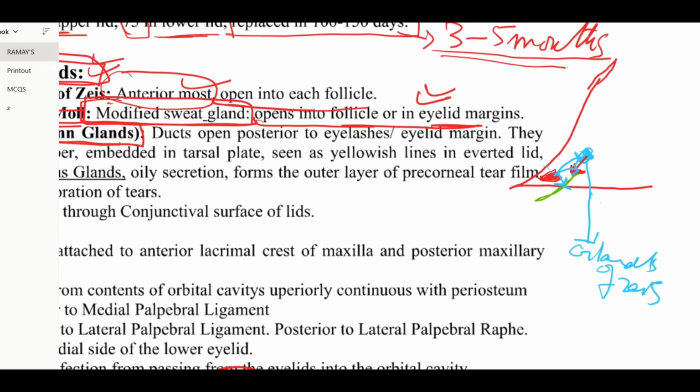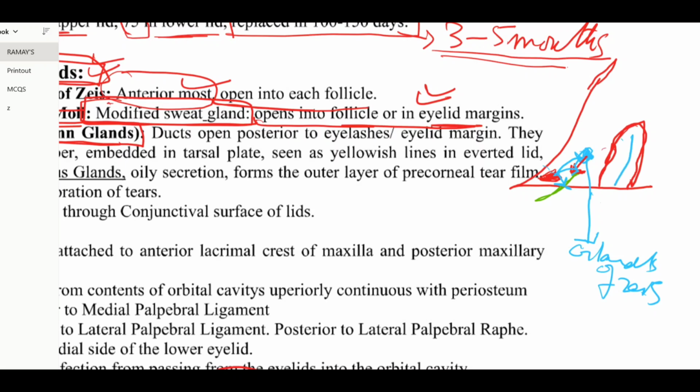If this is the lateral section of the eyelid, here is the structure present like this. This is known as the tarsal plate or the tarsus. Within it are the glands.